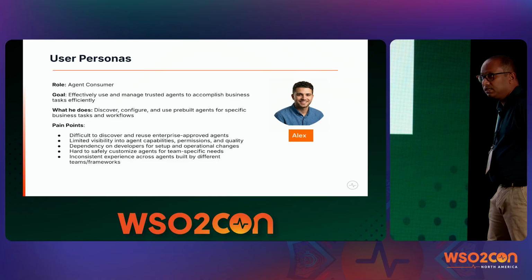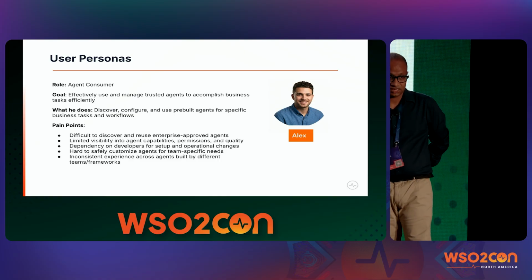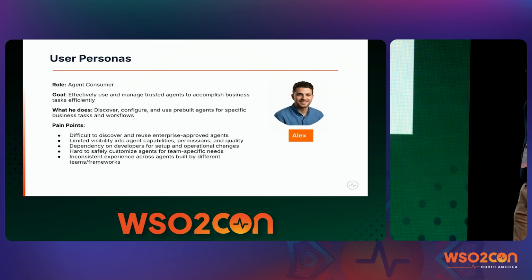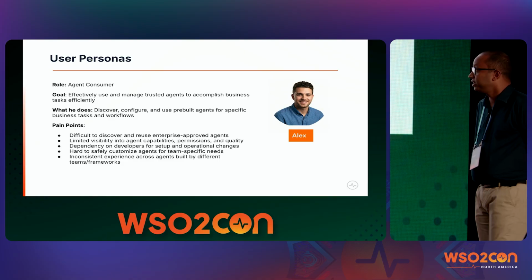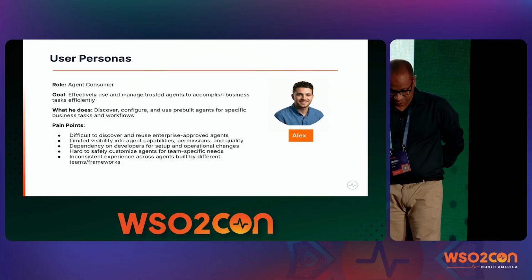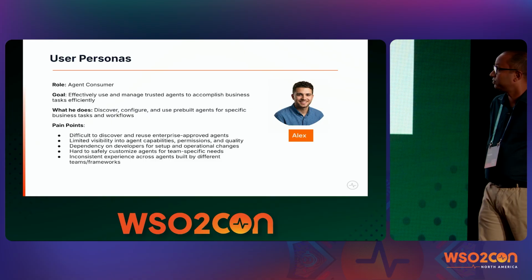And the third user persona is Alex. This relates to the agent kind which I was talking about. Right now we call this person the agent consumer. Maybe there's a better term for that.